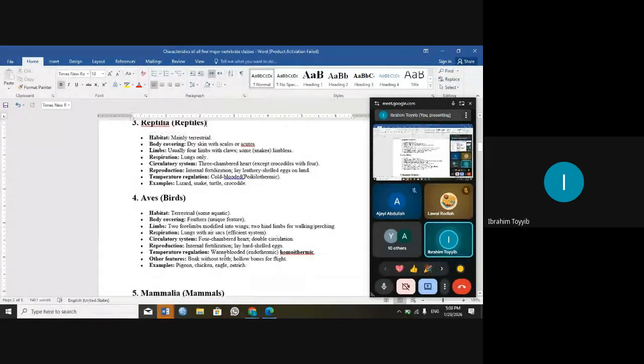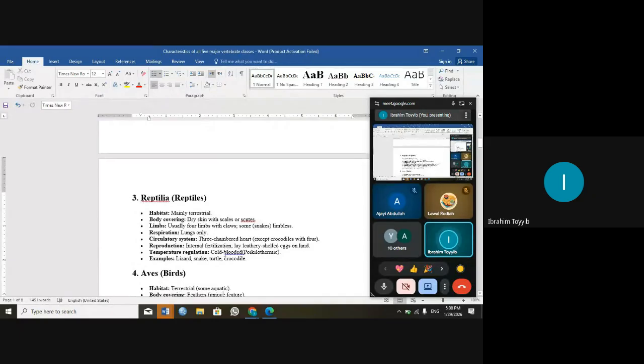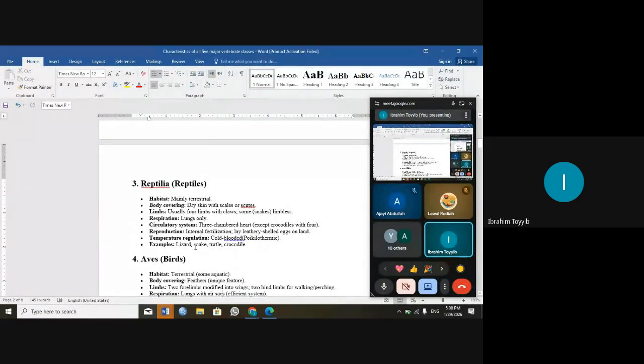Let me go back to the reptiles. We have a particular organism which is not oviparous. It undergoes ovoviviparity, the situation whereby the egg will hatch inside.